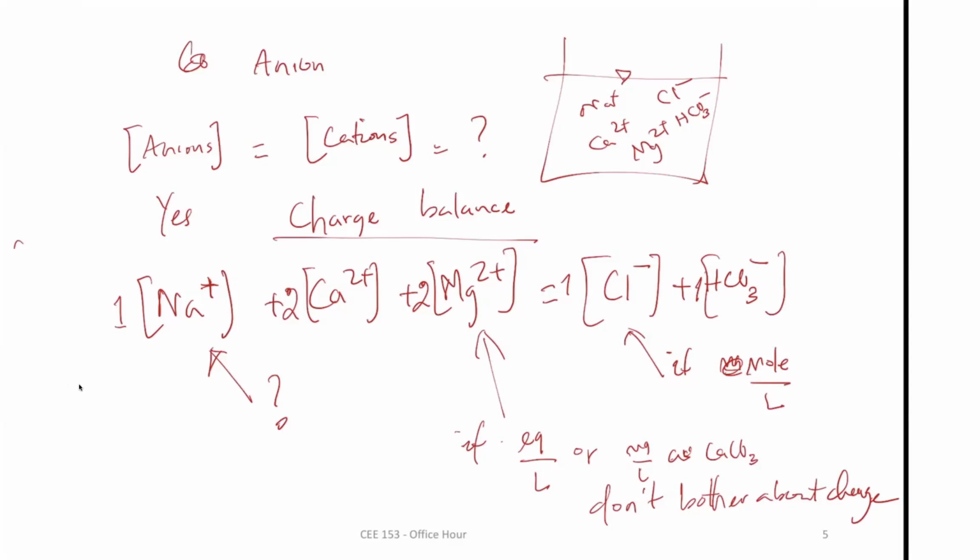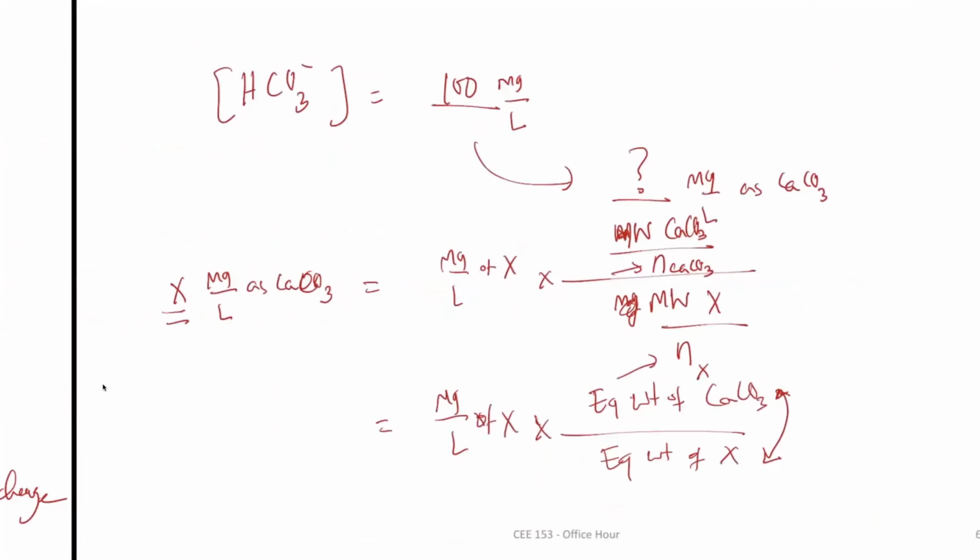You can't add one milligram per liter to another milligram per liter, because it's not milligram of charge. Charge is related to moles. So you first have to change to the same unit so that you can at least add. If you change the unit to moles per liter, then you have to account for charge. If you change all the units to milligram per liter as calcium carbonate, let me write this one, charge balance.